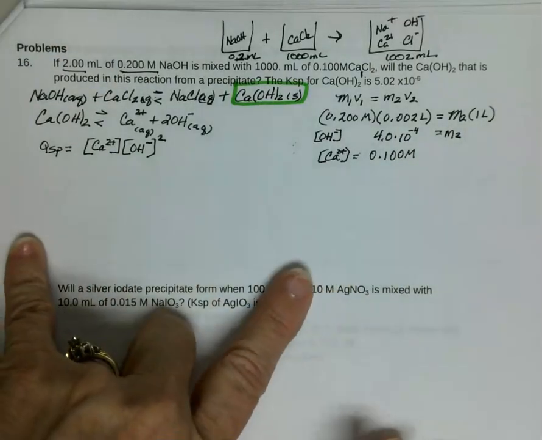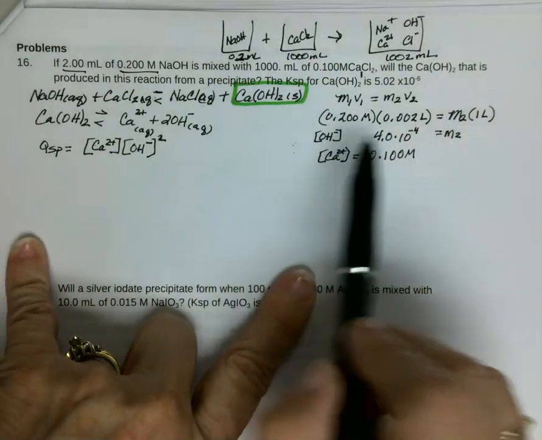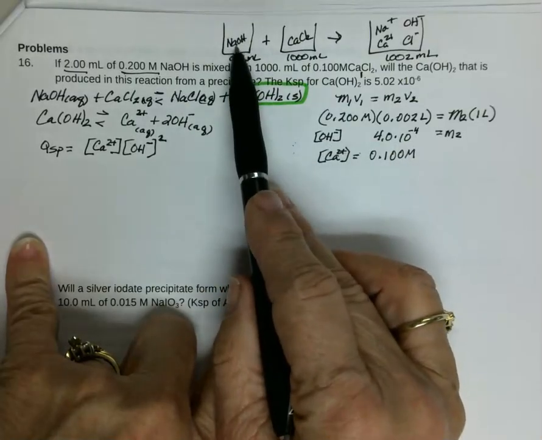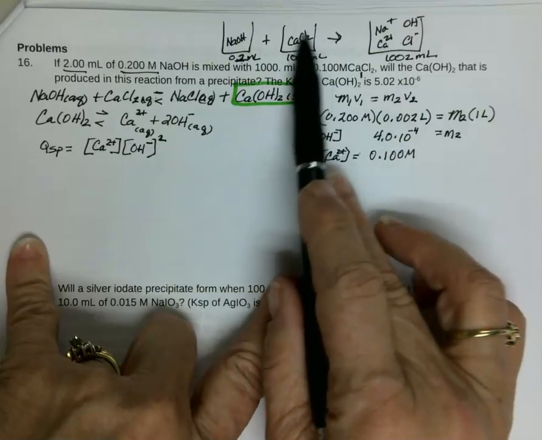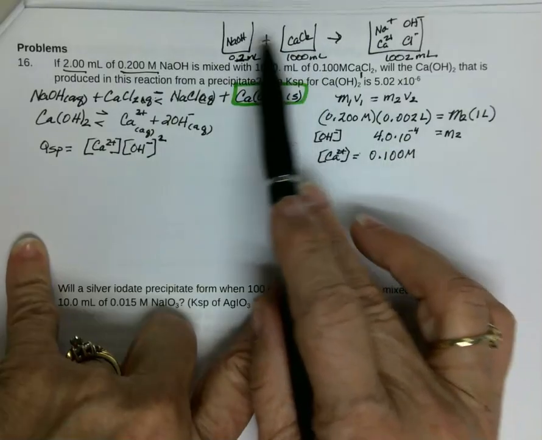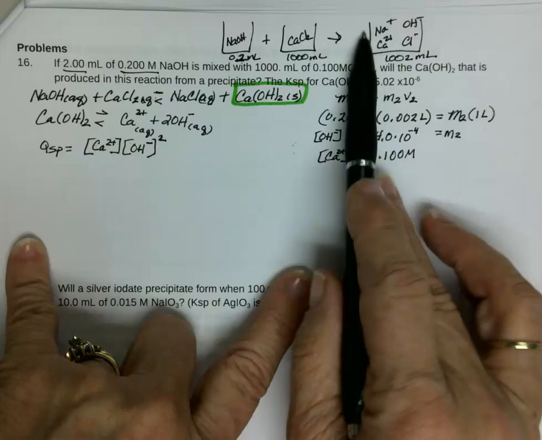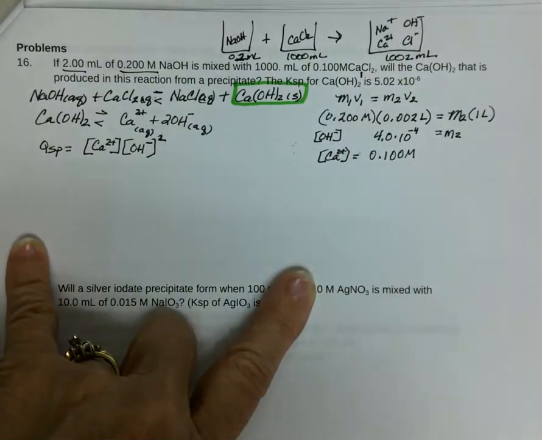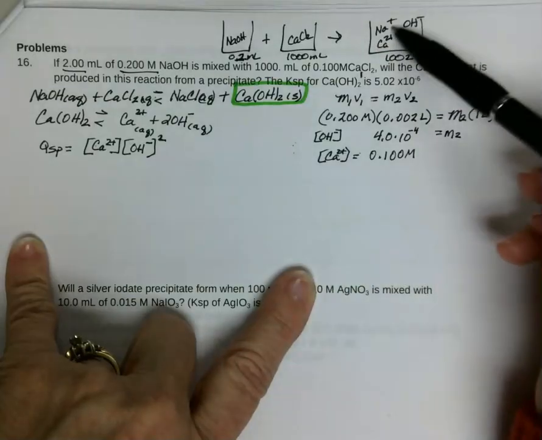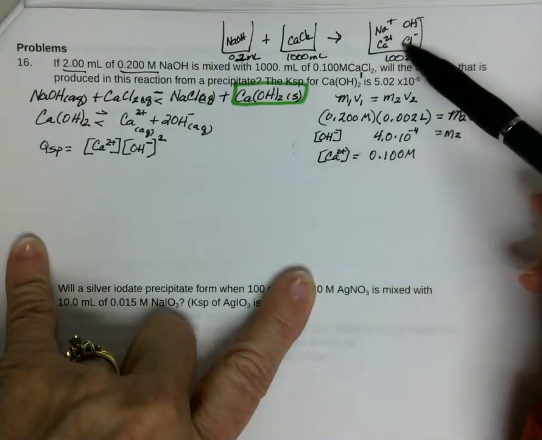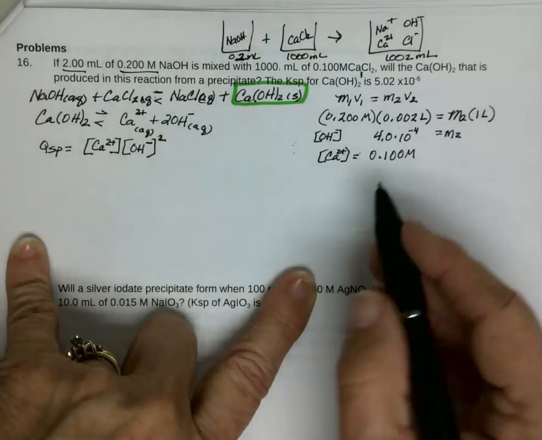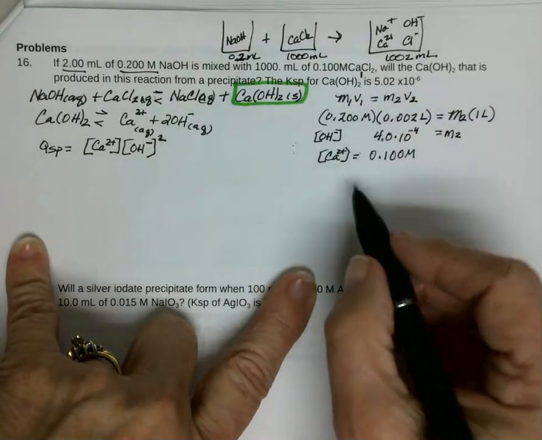Now again, going back to what I said earlier, this hydroxide is the molarity of this solution. This calcium is the molarity it is in this solution. Now I'm putting both of those into this solution, and now I need to calculate a new molarity on there, because again we've somewhat diluted it down possibly by putting it into a larger beaker of water there, if you want to think of it that way.